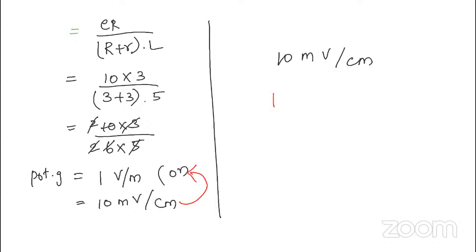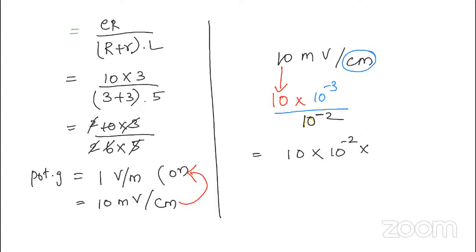Okay, so here as it is we write 10, and for millivolt we write 10 power of minus 3, divided by 1 centimeter. To convert centimeter to meter it is 10 power of minus 2. So here it is 10 power of minus 2 into 10 power of minus 1, divided by 10 power of minus 2.